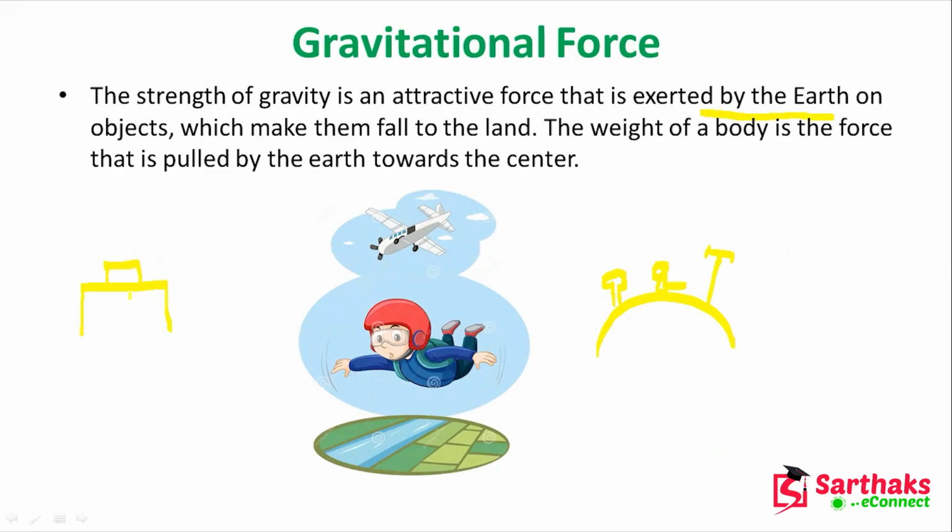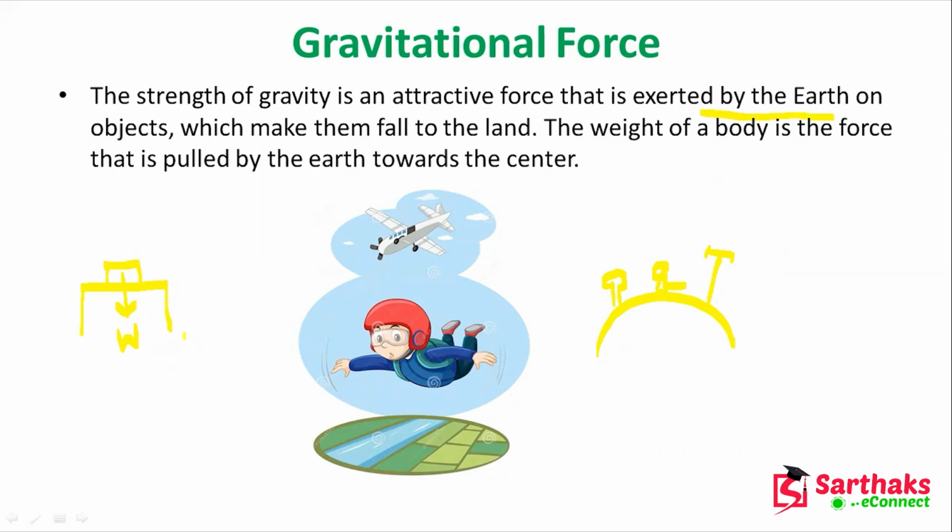This object has some weight, W. This weight of the object or the block is the force that is pulled by the earth. Weight of the object, right? And it will be pulled by g amount of acceleration.